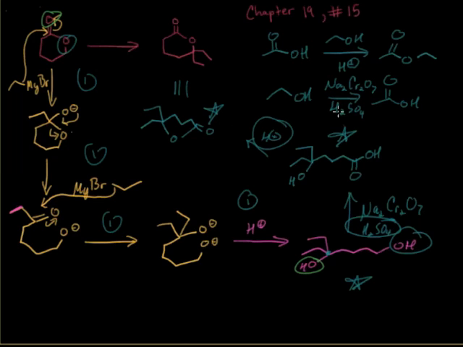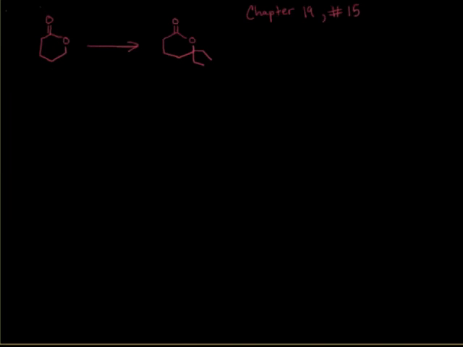Okay. So let me rewrite everything now nicely and just summarize. First step, we do the Grignard, and we make sure there's excess of it. So that's step 1 with the workup. And we saw that that makes the dialcohol, where I've added on the 2 ethyl groups.